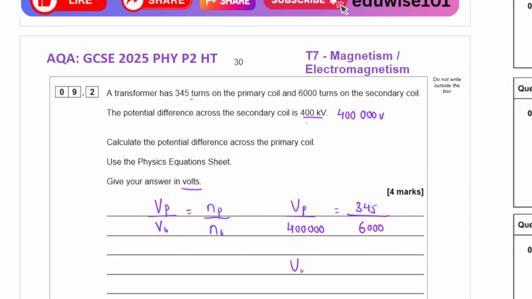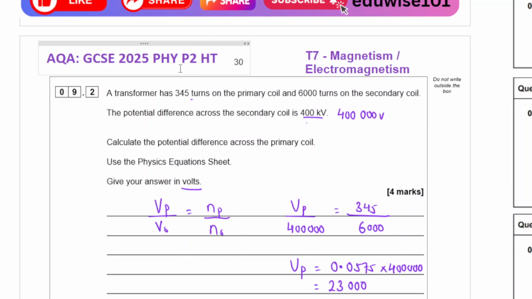Rearranging it, voltage in the primary coil is equal to, I could actually do this value, which will be 345 divided by 6,000, which is 0.0575, and multiply that by 400,000, which would give me 23,000.